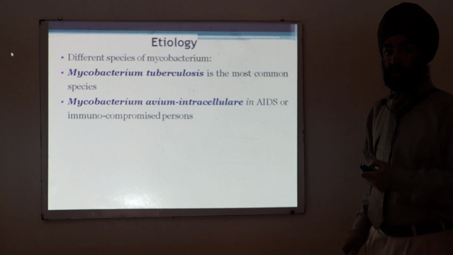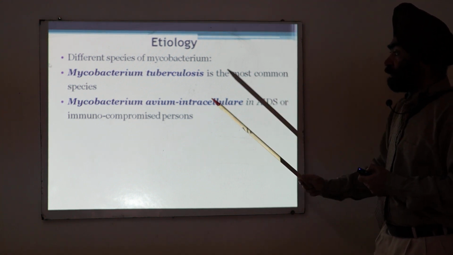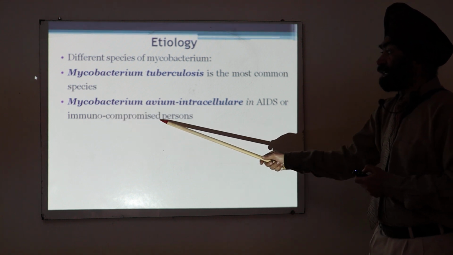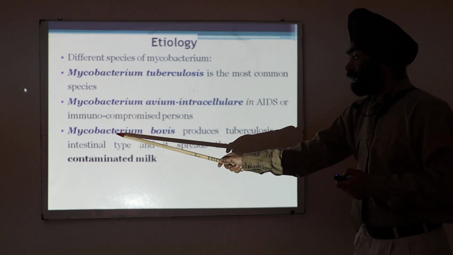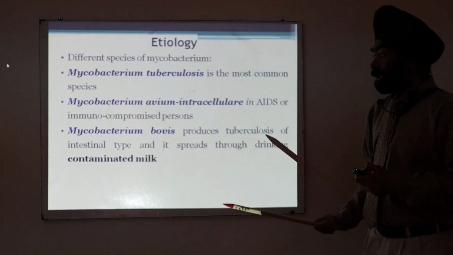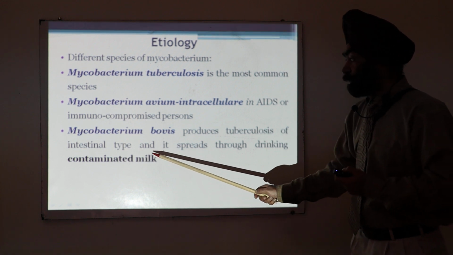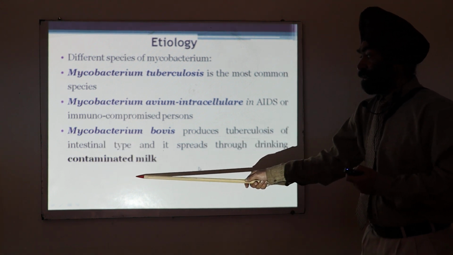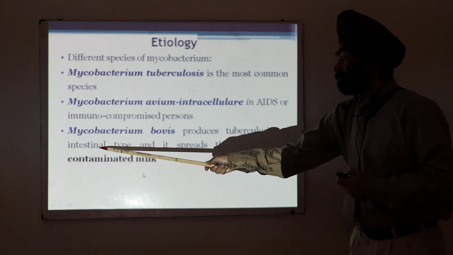It produces tuberculosis particularly if the person is suffering from AIDS or the immune system is weak, that is, in immunocompromised persons. Another one, Mycobacterium bovis. It is transmitted by the use of contaminated milk, and it produces tuberculosis of the intestine.